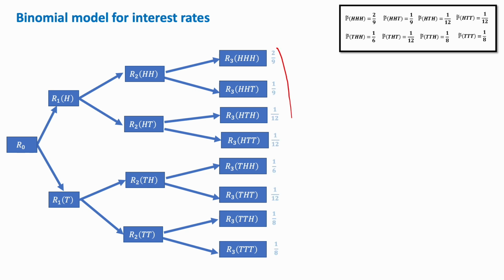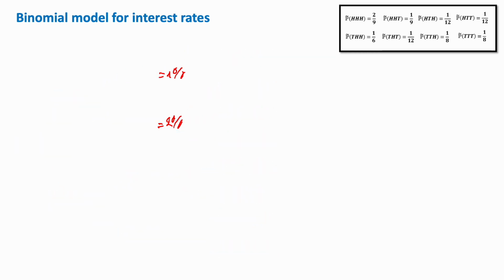From these terminal probabilities, we were able to construct these transitional probabilities from one state on the tree to another state. So now, for each of these states, we're going to say what exactly the interest rate is. So maybe here the interest rate is 1%, here the interest rate is 2%.